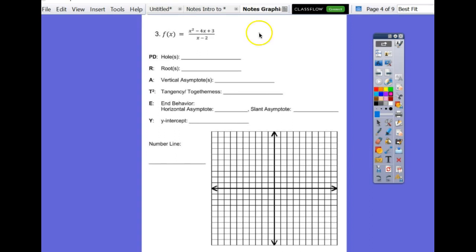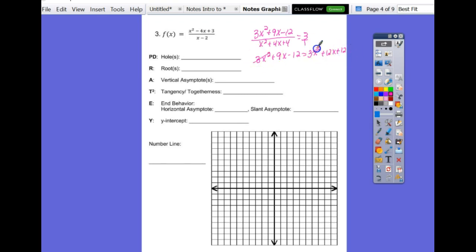So I end up having 3x squared plus 9x minus 12 over x squared plus 4x plus 4, and I'm going to set it equal to 3. I want to see if it's going to cross the horizontal asymptote. So what I have to do is cross multiply. I get 3x squared plus 9x minus 12, because that's times 1, and I'm going to multiply this times 3: 3x squared plus 12x plus 12.